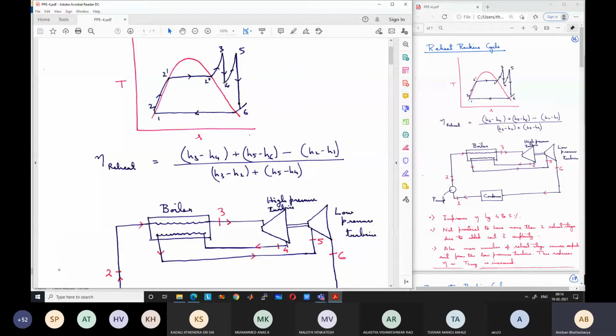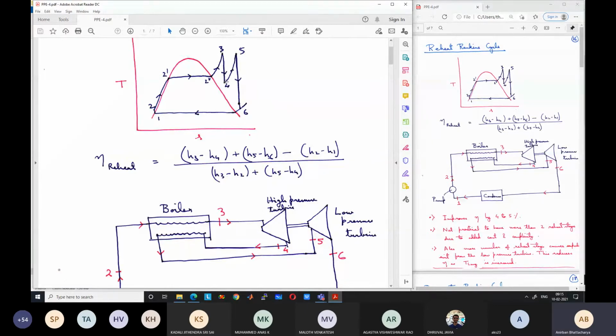The entropy will remain same. Yes. So the entropy will remain same, and we need to know what is the pressure here. Okay, what is the reheating pressure? So the reheater pressure has to be given, and entropy will remain same. So from these two conditions, we will find either the quality or the temperature at this point.